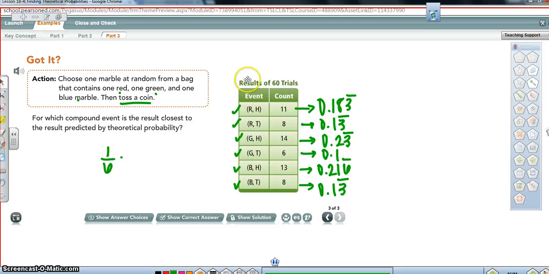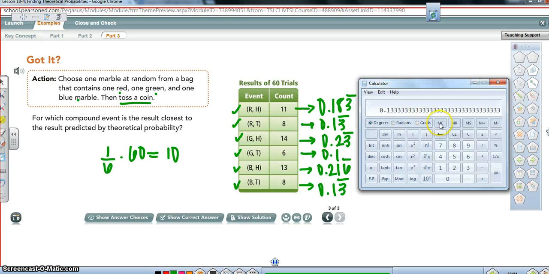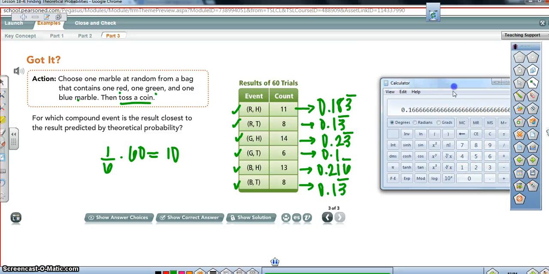So we had 60 total trials, so we would expect to get each of these 10 times. It looks like this one's probably going to be closest because we got 11 times, which we expected to get 10 times. We can also double check, with the probability 1 out of 6 is a 0.16 repeating chance.